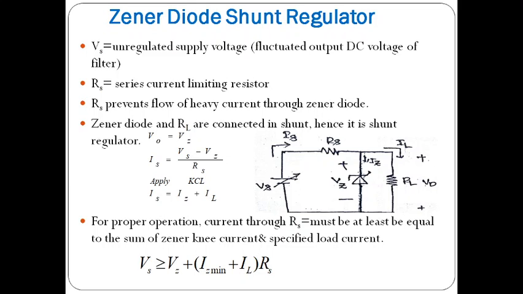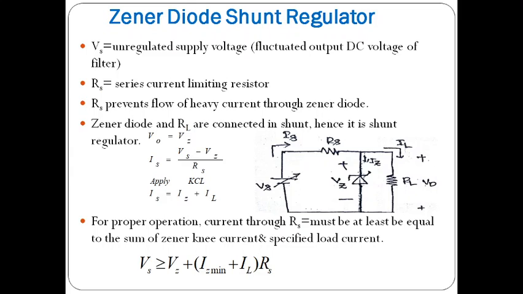By applying KCL, Is equals Iz plus IL, and similarly V0 equals Vz. By applying KVL, Is equals Vs minus Vz by Rs.